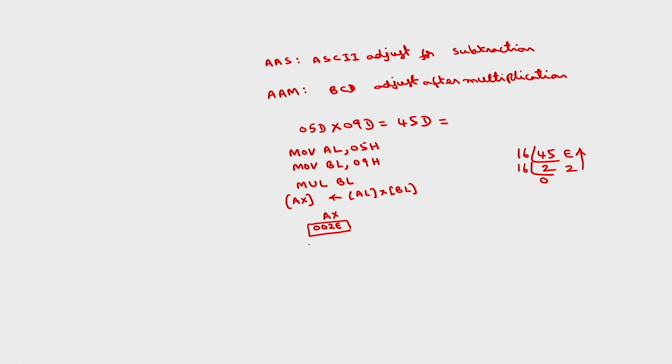So, to get that 45D in unpacked BCD, we are going to use AAM. After this, AX will be having 04 in AH. After AAM, this will be the AH content and this will be the AL content, 05; overall this will be AX. This is what is called unpacked BCD.